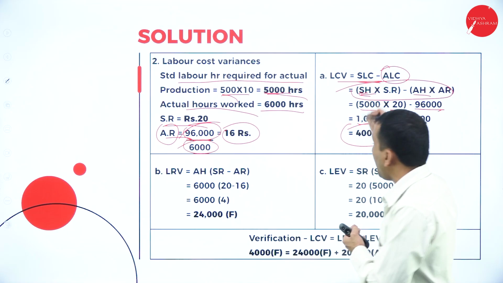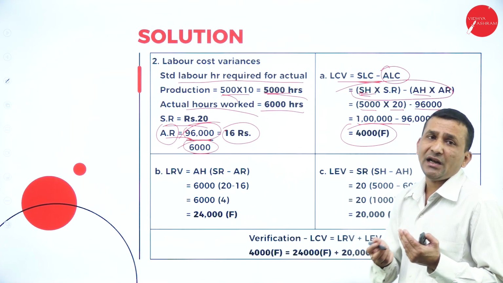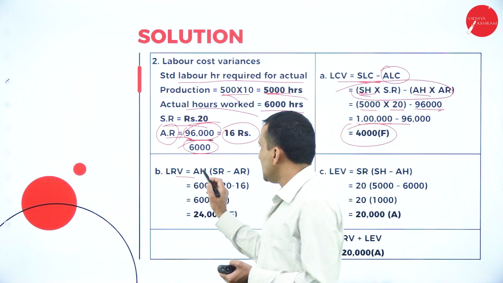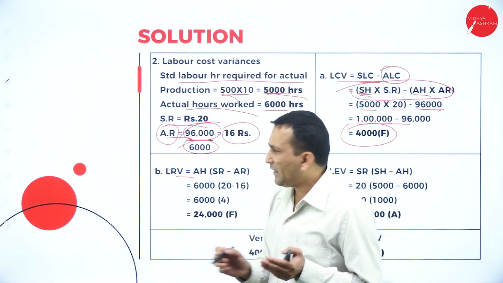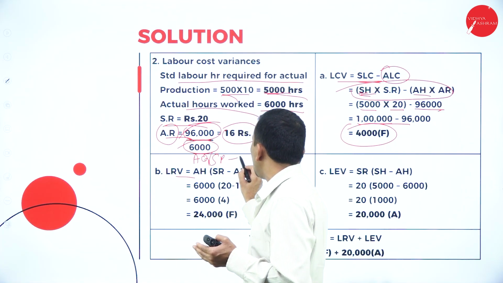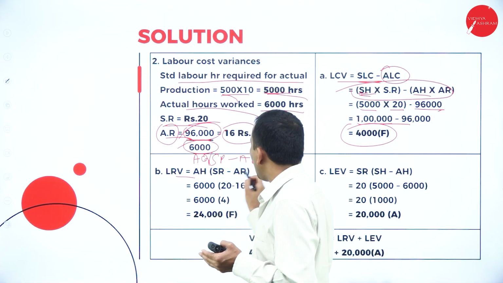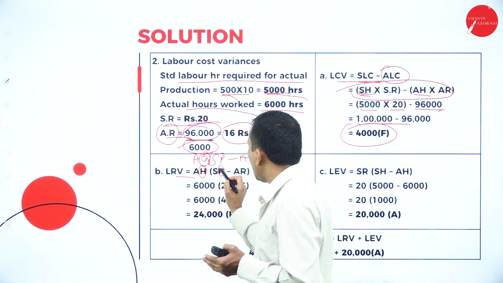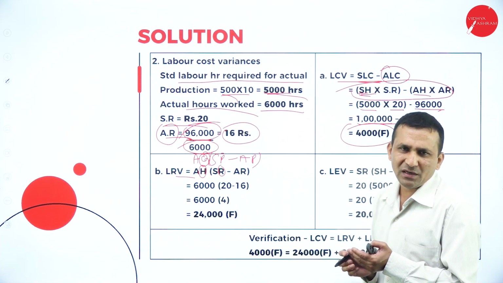Moving under labor cost variance, we need to calculate the labor rate variance as well as the efficiency variance. For the labor rate variance, in the case of material variance we write AQ into SP minus AP. Now what are we substituting? In the quantity place we write hours, and in the price place we write rate. So it is very simple to remember this formula.